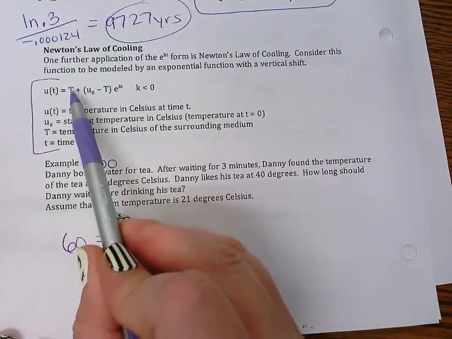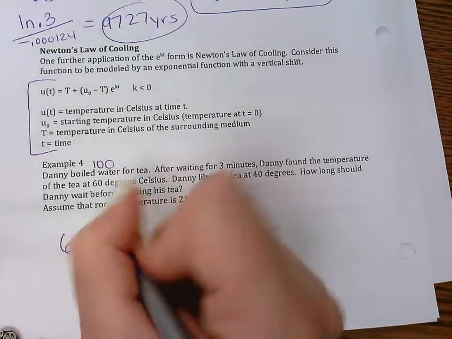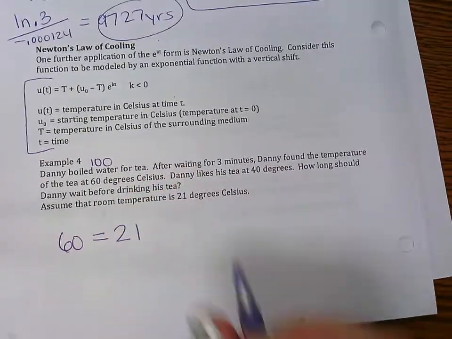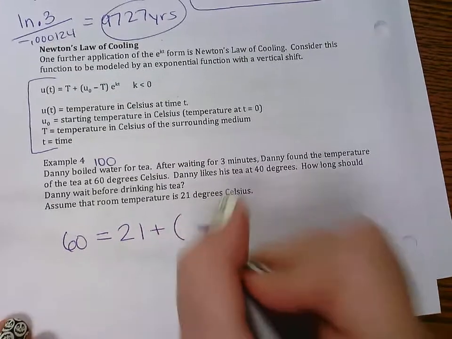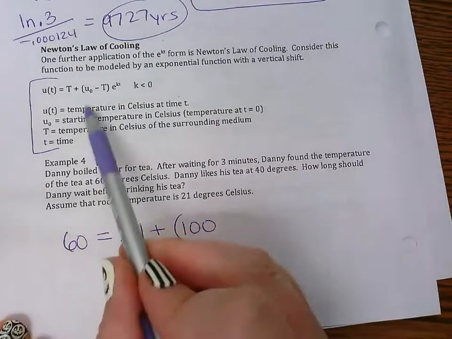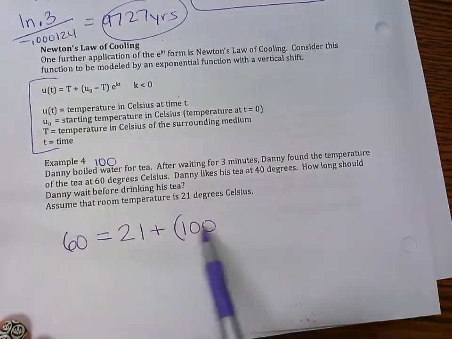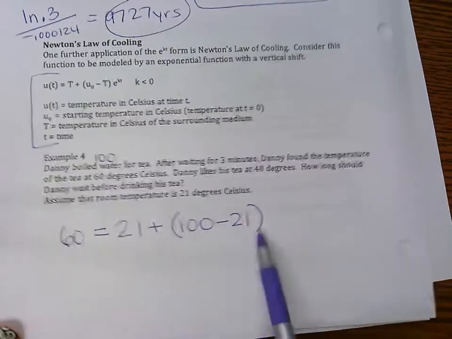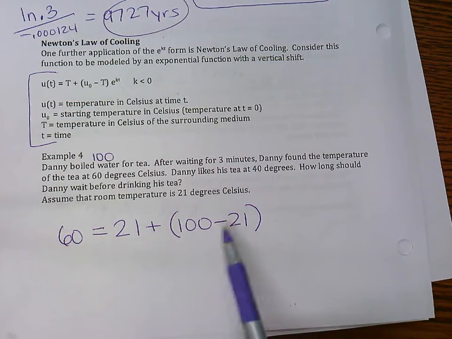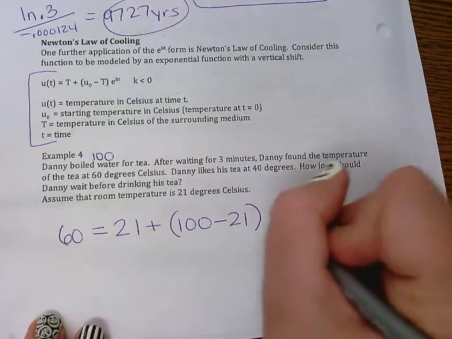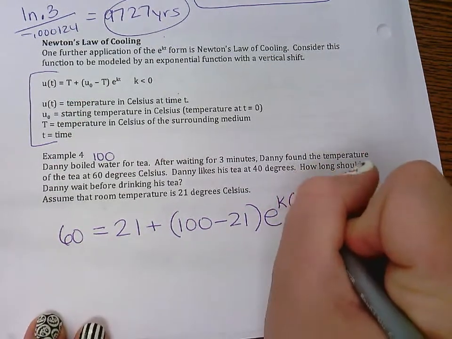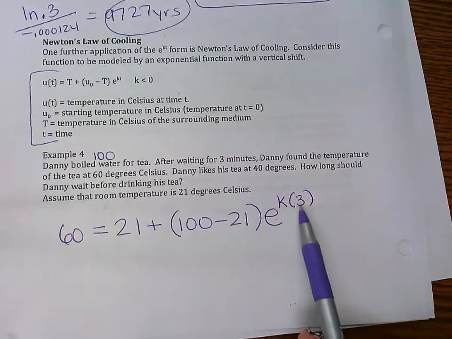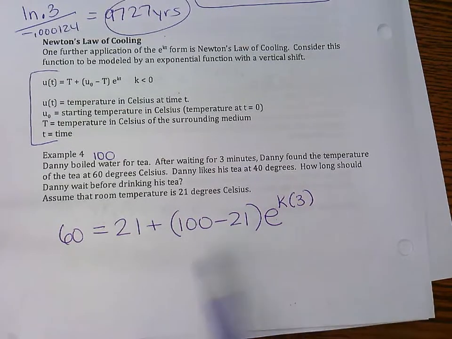Capital T, the temperature of the surrounding medium, is 21 degrees, plus our starting temperature, u sub 0, which is 100, subtract again the surrounding medium's temperature, so 100 minus 21 in the parentheses, e to the k times 3, since it took 3 minutes for that to happen. Are you with me where those values got plugged into the equation?